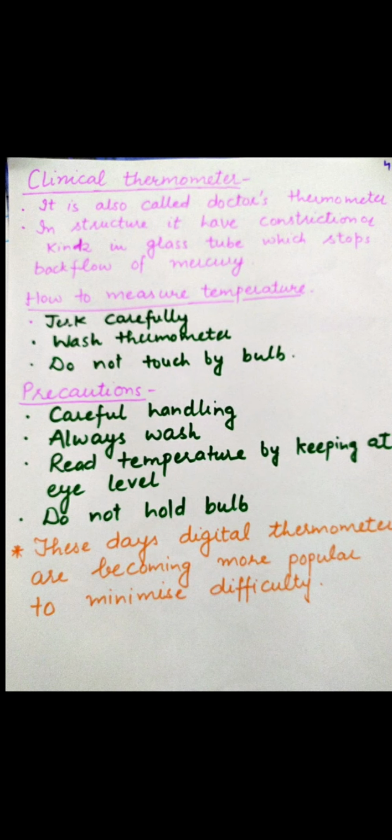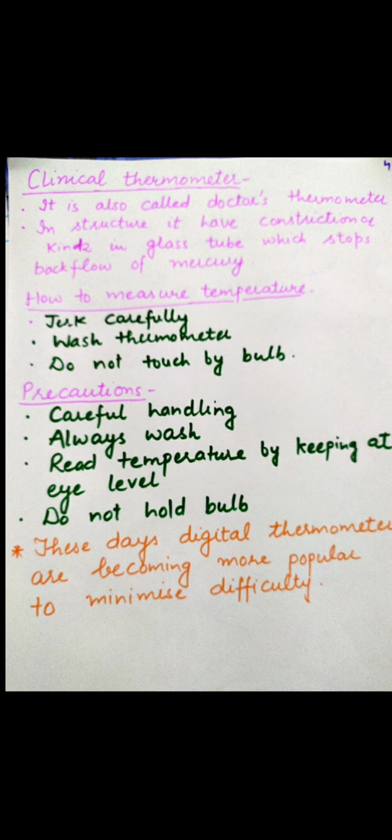And then the precautions while measuring the temperature. What are the precautions? We should carefully handle the thermometer, always wash it, and keep the thermometer at eye level. You may have taken readings from your scale sometime, and you learned in class 6th also that while measuring the length of a line, your scale should be at eye level.